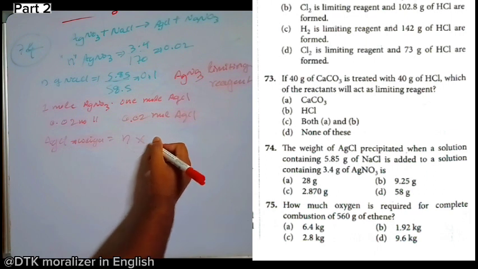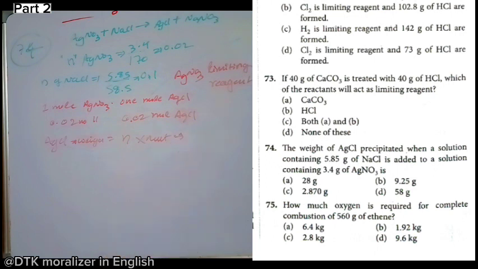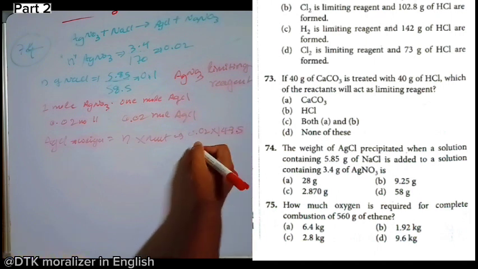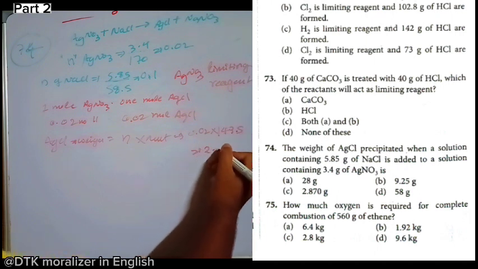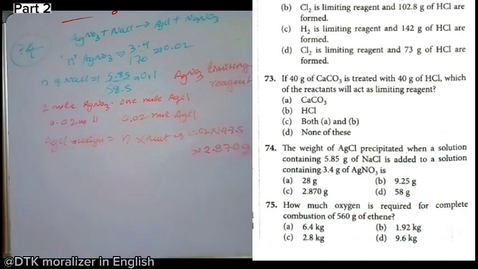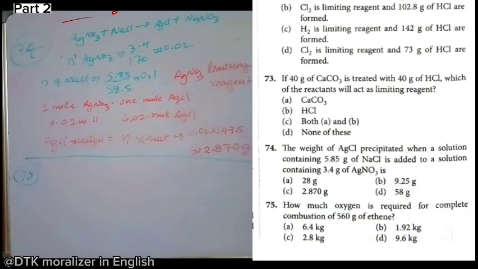So the silver chloride weight is equal to n into molecular weight, which is equal to 0.02 into 143.5, which is equal to 2.870 grams. So here option C is right.